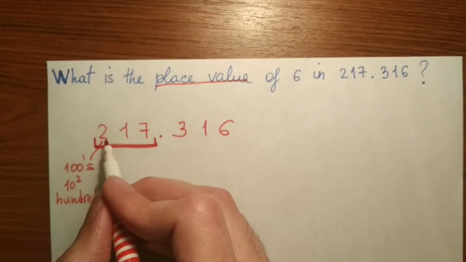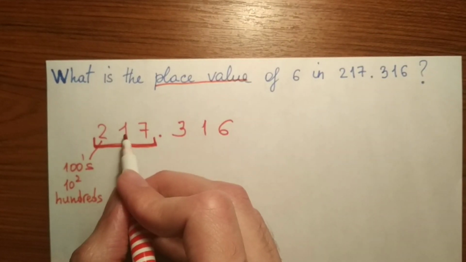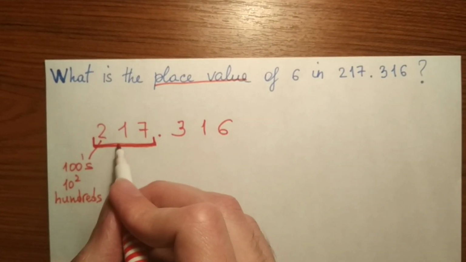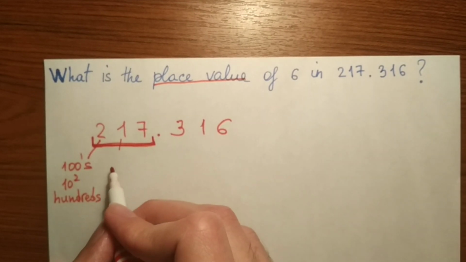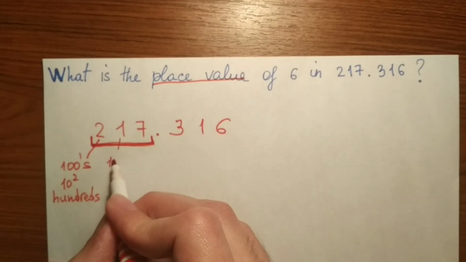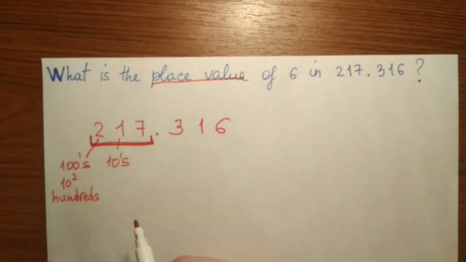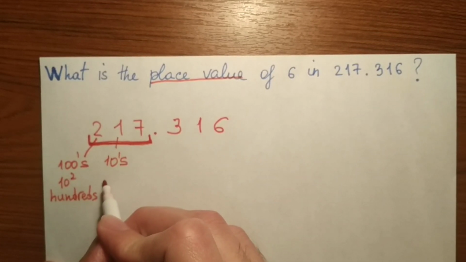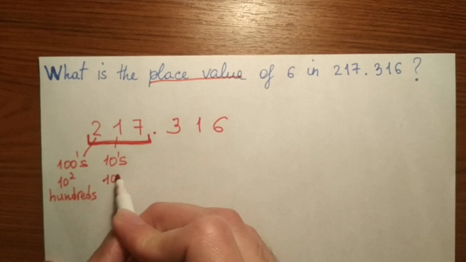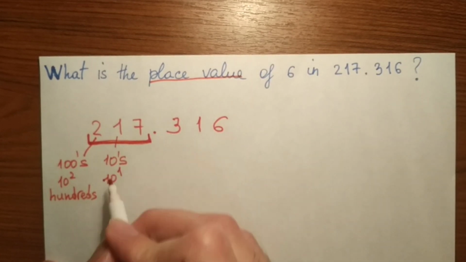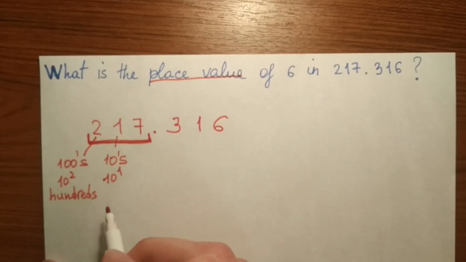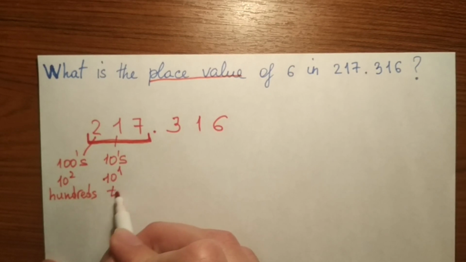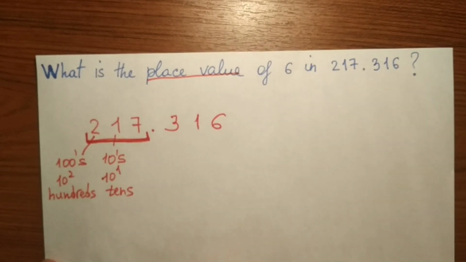Now let's move on to the second part. The second number is 1, and 1 here will represent tens, and it will be written like 10 to the first, and the written form is going to be tens.